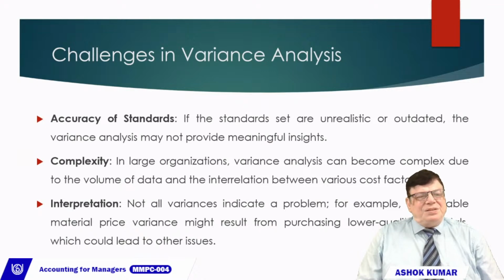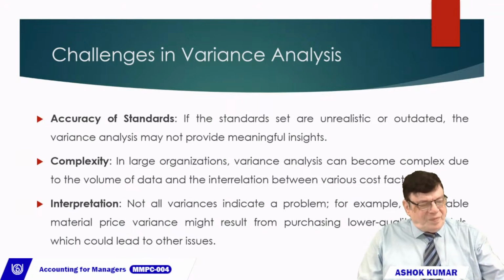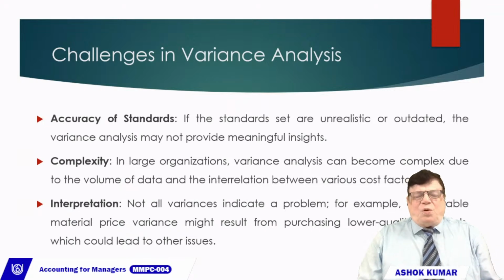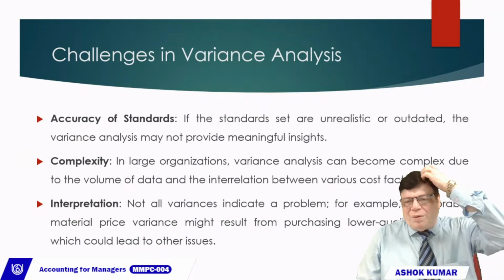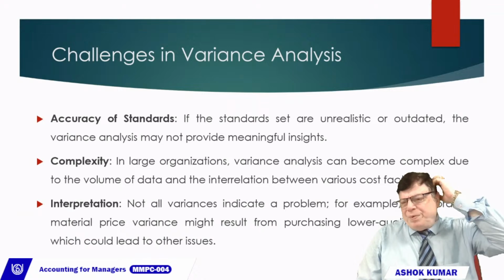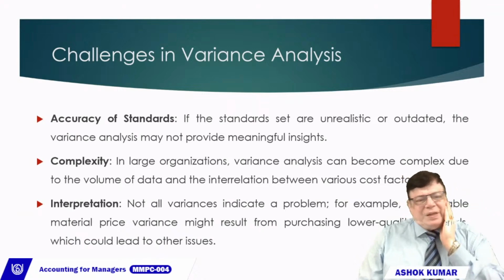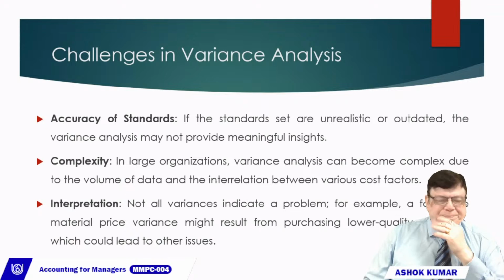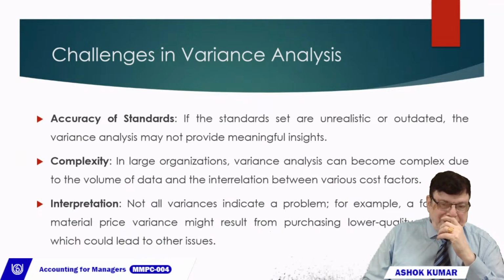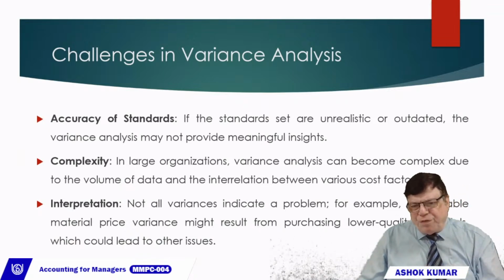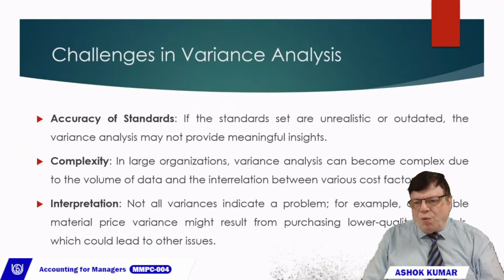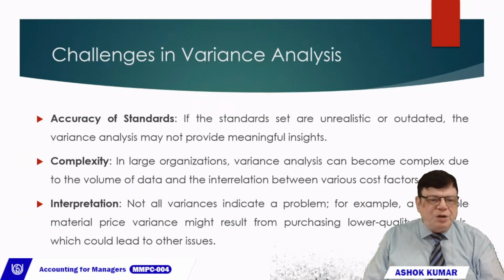Then the third is interpretation. Not all variances indicate a problem. For example, a favorable material price variance might result from purchasing lower quality material, which could lead to other issues.